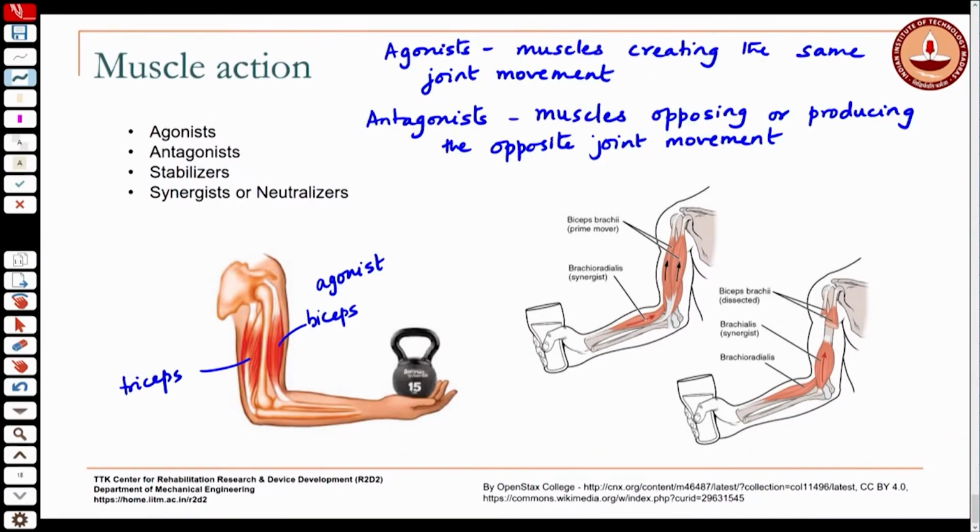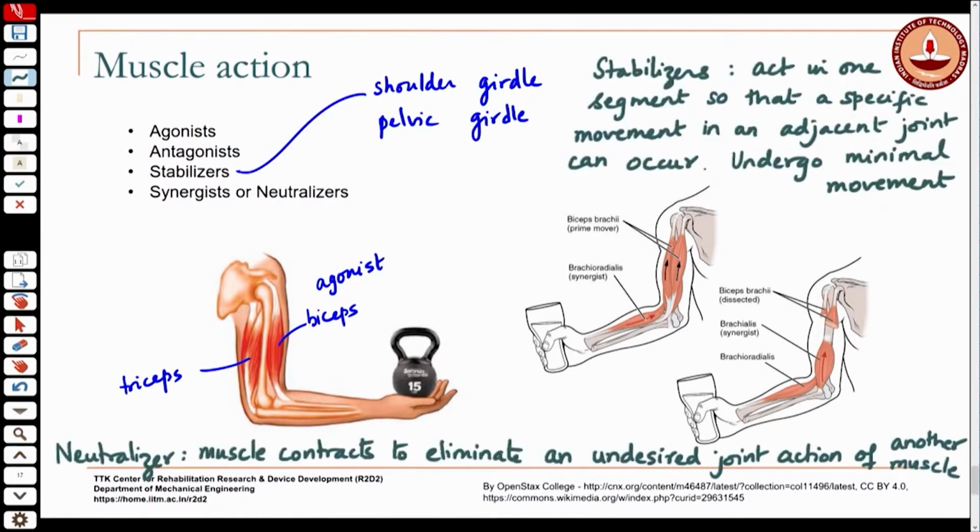Yes? So, in that case, with a stabilizer or a neutralizer, do we really control it, or is it an indirect control, more of a feedback? You will have to really look at the neuroscience of it. We are not getting into the control aspects of the musculoskeletal system here, but in many cases we do.